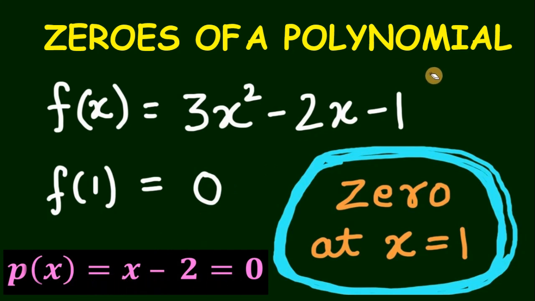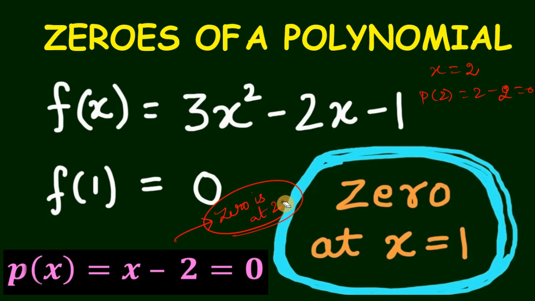So for this, x will be equal to 2, then p of 2 will be what? 2 minus 2, which will be 0. So for this you can say that the 0 is at 2. Is it clear children? This is how you will have to understand these concepts.